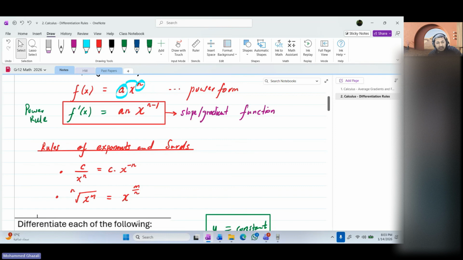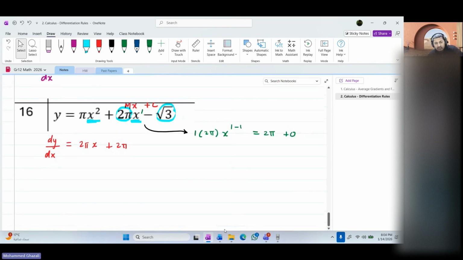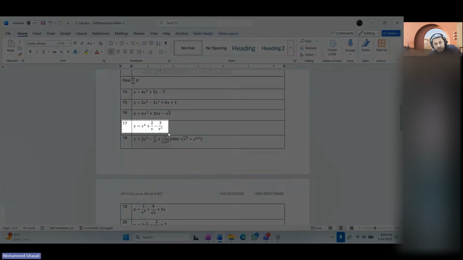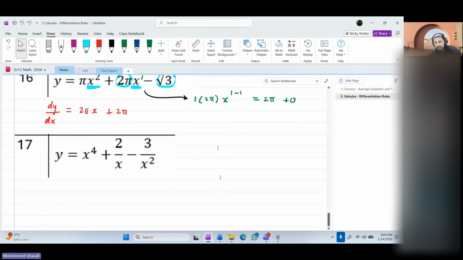Right, excellent. So it's not so bad. So far, so good. Let's look at question 17. It's similar to what we have done before. Not difficult at all. We need to put it in power form first. Rule number 1, put it in power form. The first one is in power form. The others are in rational form. So y is equal to x to the power 4 plus 2 x to the power negative 1 minus 3 x to the power negative 2.